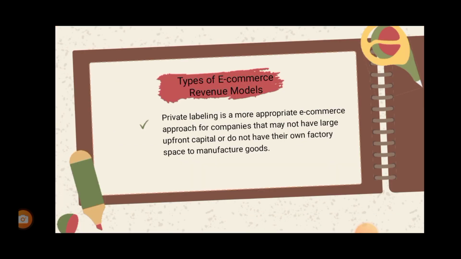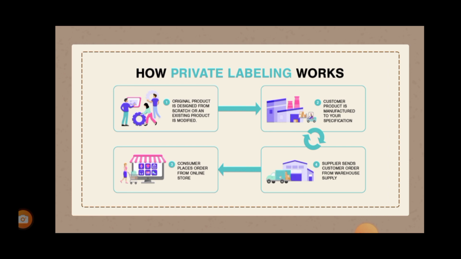So, number 4 is private labeling. It is a more appropriate e-commerce approach for companies that may not have large upfront capital or do not have their own factory space to manufacture goods. So this is how private labeling works. Number 1, original product is designed from scratch or an existing product is modified. So, the custom product is manufactured to your specification.